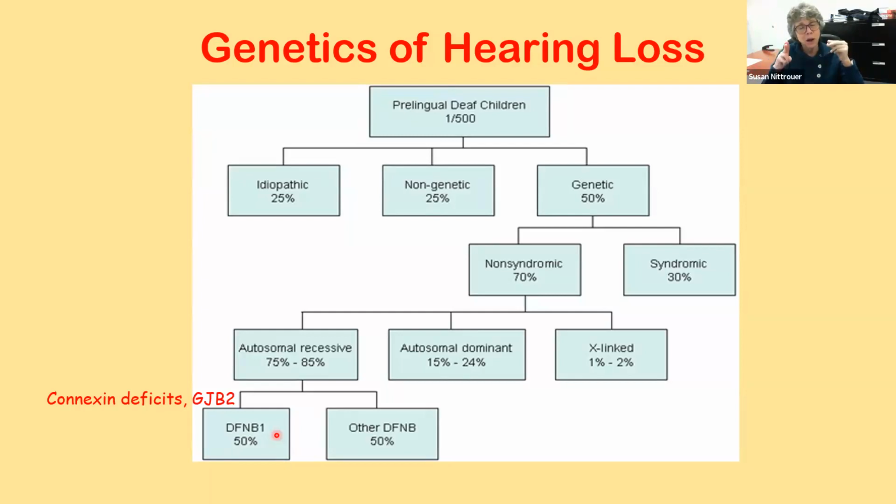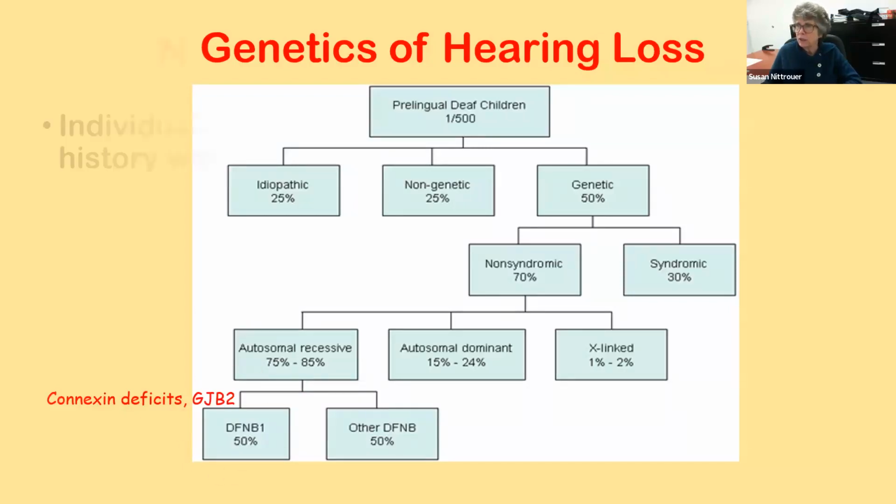You now know and understand that what that means is that there's a problem with the protein that creates those gap junctions that allows potassium to flow and reach the stria vascularis to repopulate the scala media with potassium. Okay, and this is a very, very common cause of congenital hearing loss.